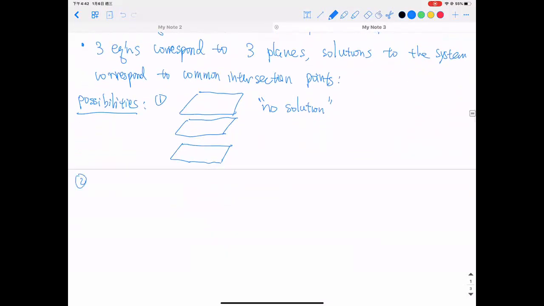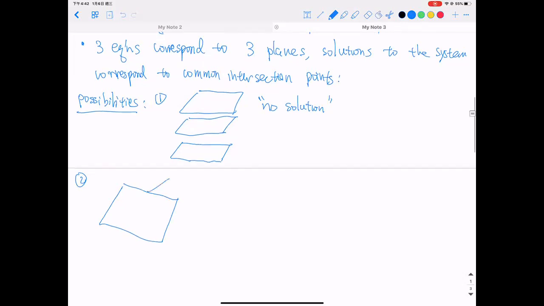Now, another possibility would be, you have two planes that intersect. And maybe the third plane also passes through this axis, the line of intersection.